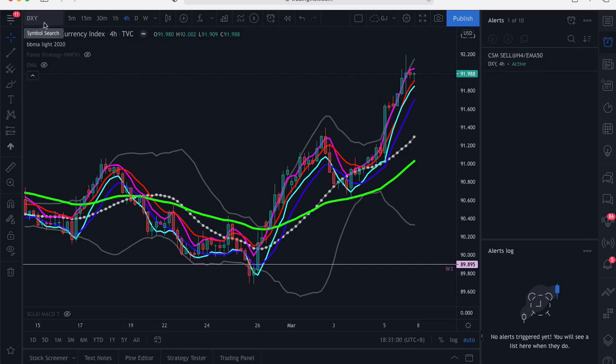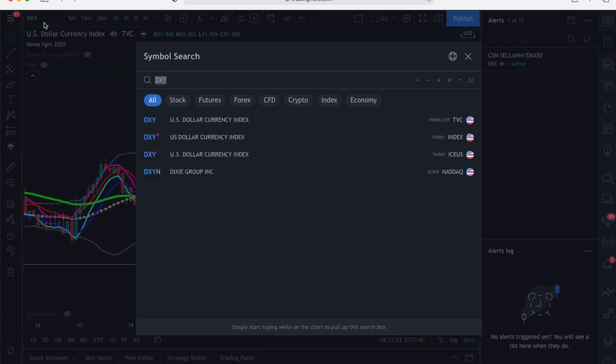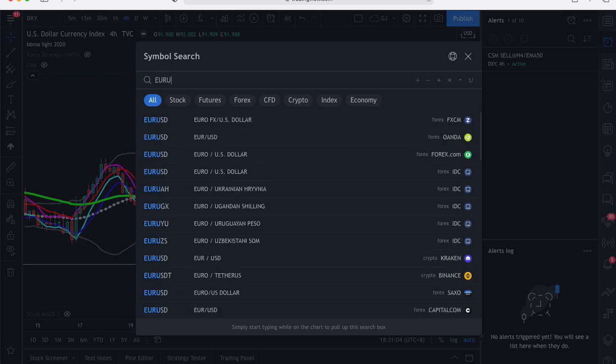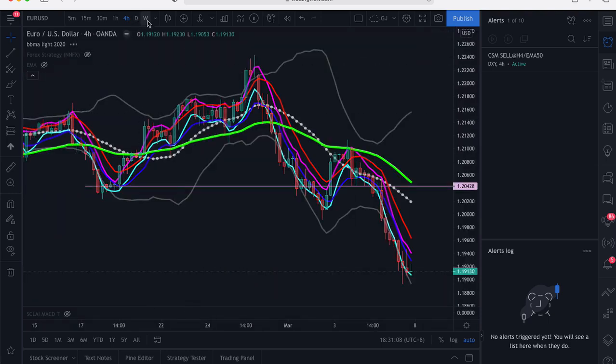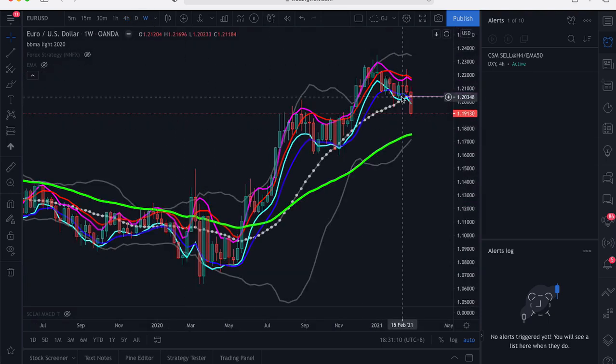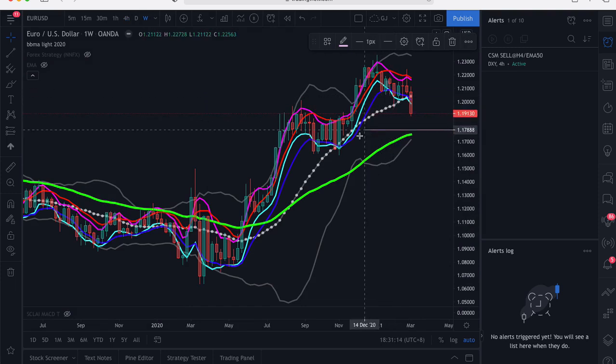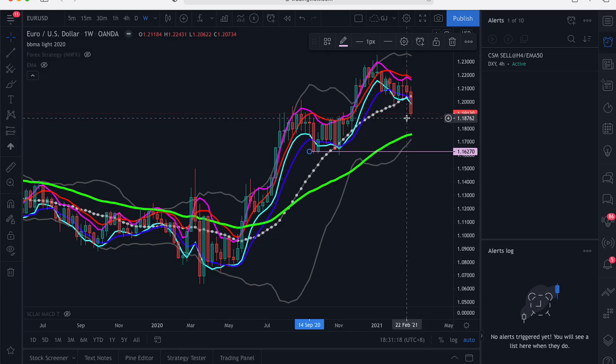Okay, the next currency pair is EURUSD. In the weekly time frame, EURUSD last week made a big bearish candle, as you can see here. However, this bearish candle is most likely just part of a pullback of the bigger bullish move.